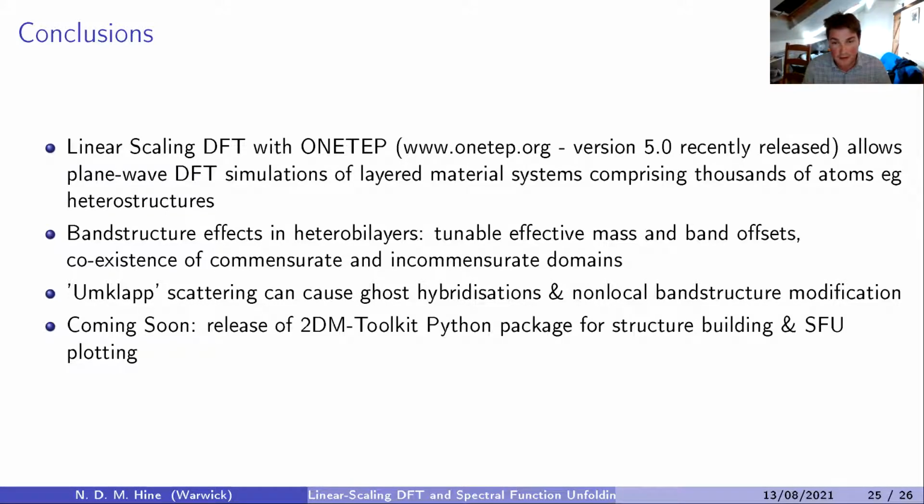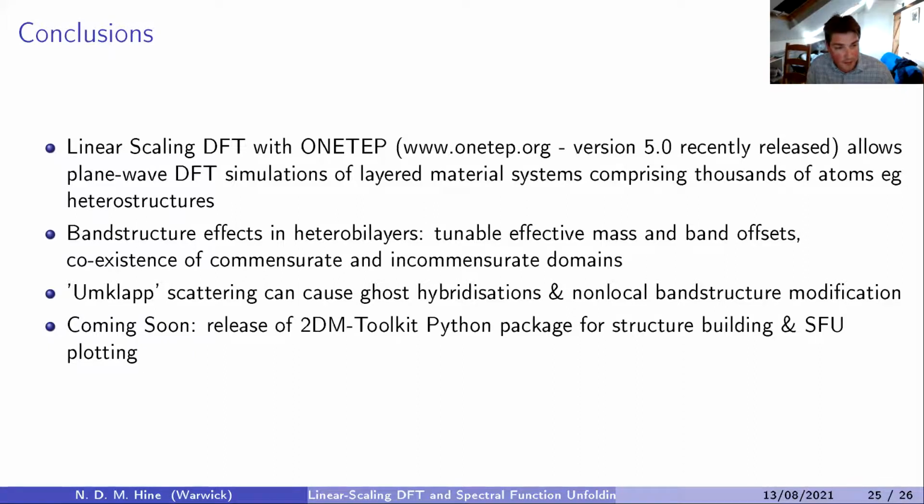We can just design a system from scratch that is the interface and has effectively no strain. And then you can project back into the primitive cells of the individual layers and understand these hybridization, effective mass tuning, band splittings off, and separations.